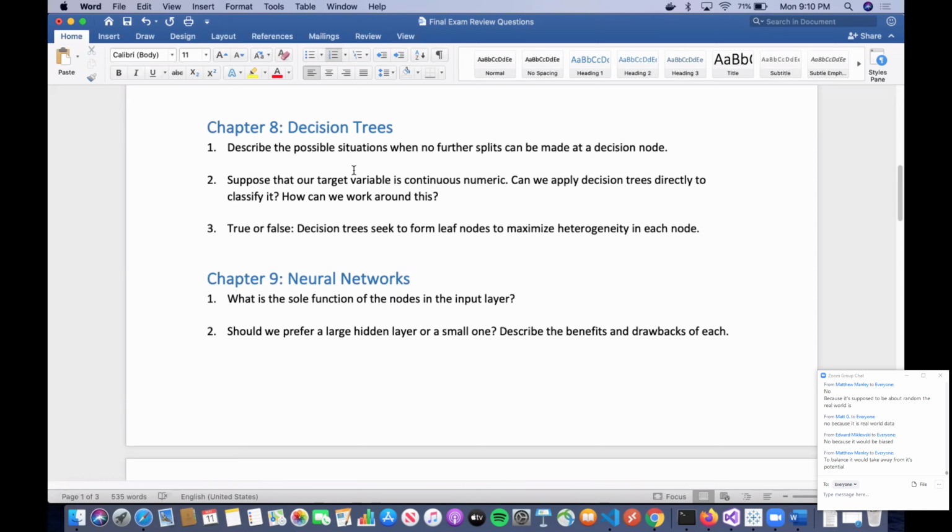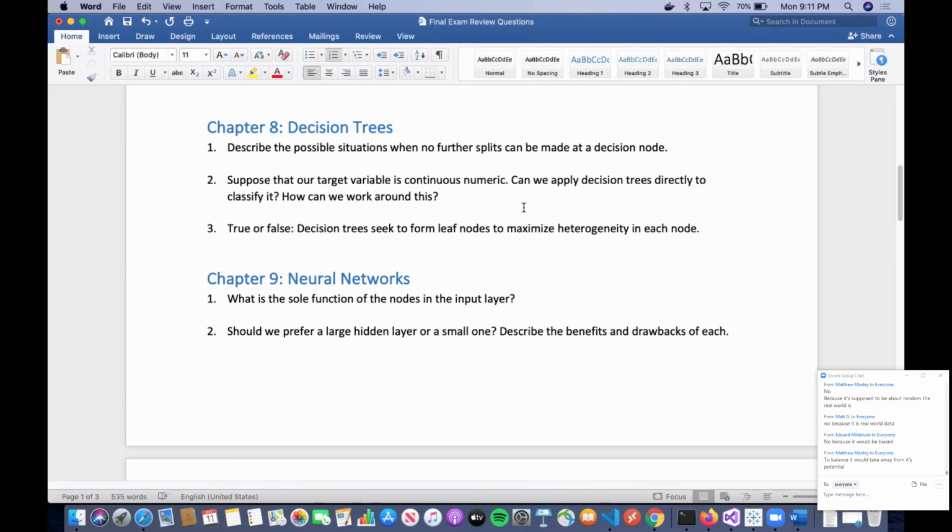We said describe the possible situations when no further splits can be made at a decision node. And we talk about these, right? So we mentioned the leaf node. We say all branches of the decision tree terminate at the pure leaf nodes. No additional splits are required at the pure leaf node.